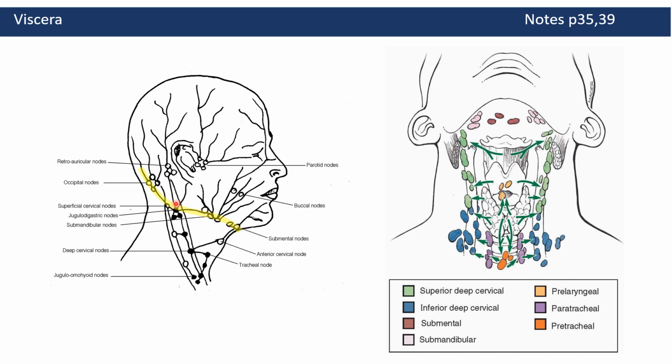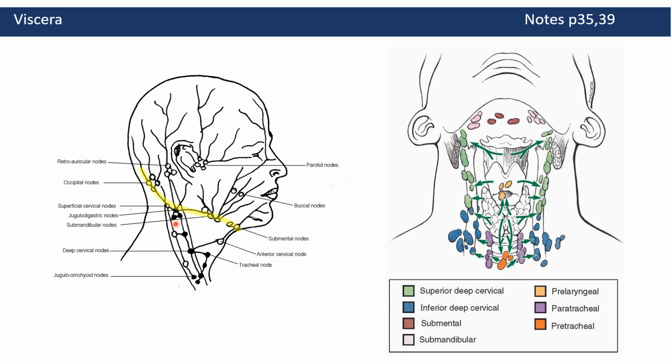Superficial blood vessels, particularly those that are shown here, but also those that are closely associated with the external jugular vein. All of these superficial lymph nodes, the drainage varies significantly.